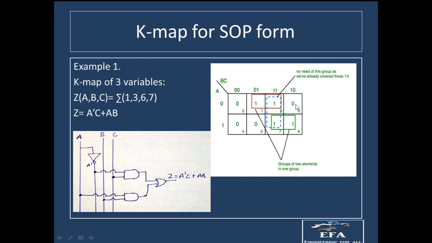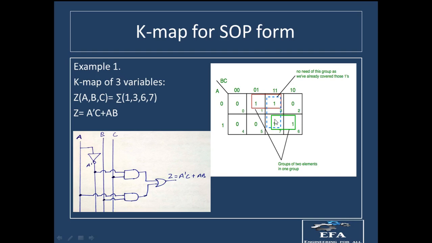We have ones in these positions, and when we group them, we have to make sure that the minimum number of groups is used. This one and this one can be grouped together, and these two ones can be grouped together.